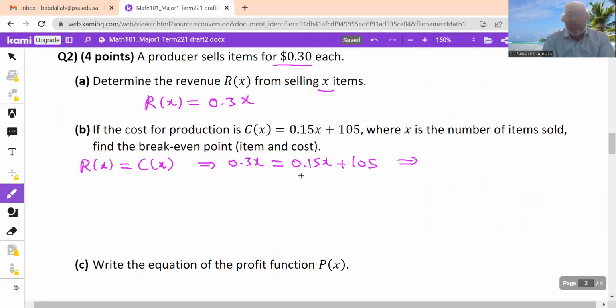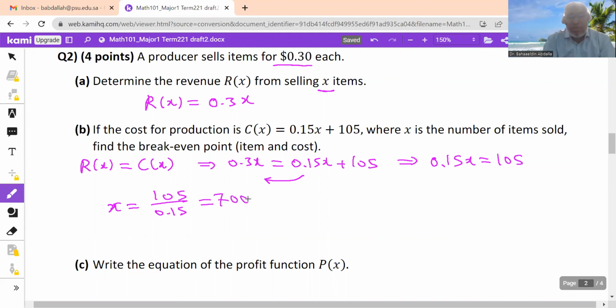I take all the terms with x on one side. So I'll have 0.3 minus 0.15, which is just 0.15, so 0.15x equals 105. Then to find x, I divide by the coefficient of x, which is 0.15. So 105 over 0.15 will give me the answer, which is 700.